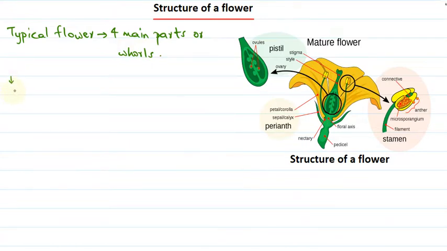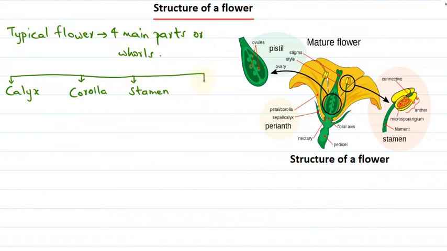One is the calyx. The other is the corolla. The next one is the stamen, and the fourth part is the pistil. So these are the four main parts of a flower.